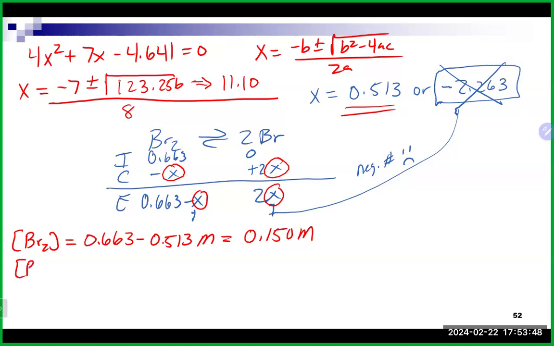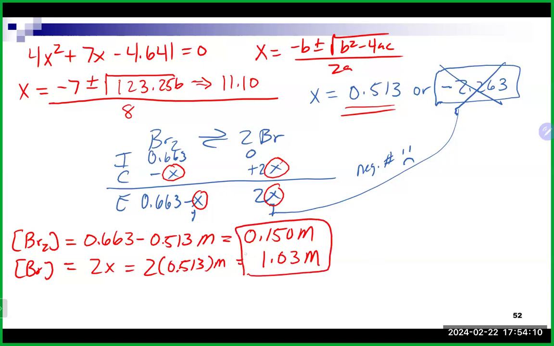And for my Br at equilibrium, it equals 2x, which means 2 times my x value there, 2 times 0.513, molar. Going to give me about 1.03 molar here. And these would be ideally the equilibrium concentrations of both of our species in our reaction once it reaches equilibrium. Any questions on that there?